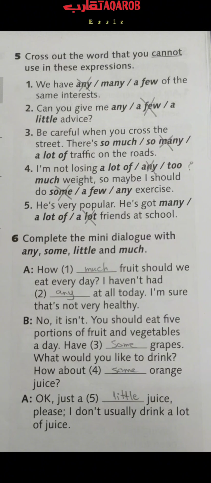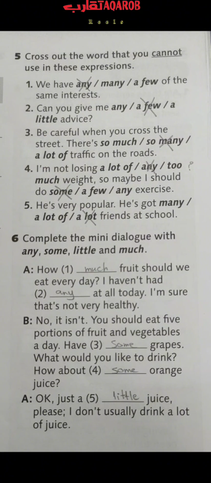Because a lot of and too much fit more in this sentence, because she wanted to lose a lot of weight. This is why she didn't say any, because her goal is to lose so much weight. But she didn't lose too much weight. This is why we didn't use any here.